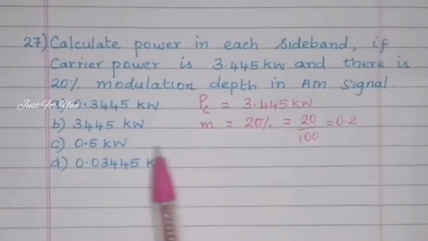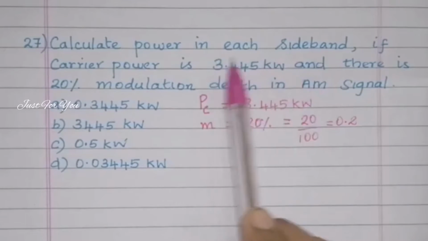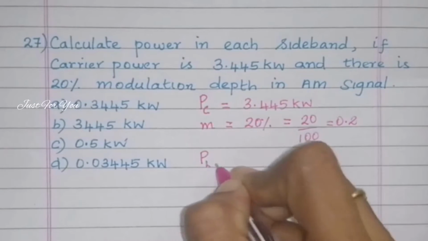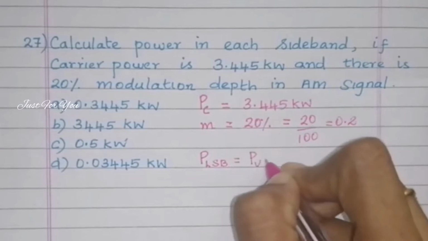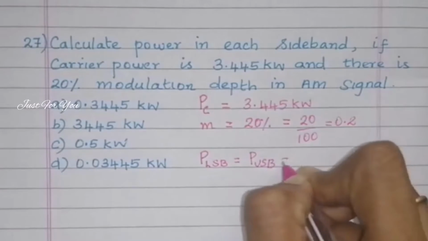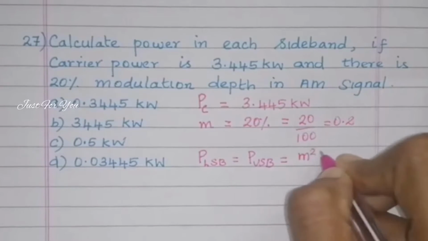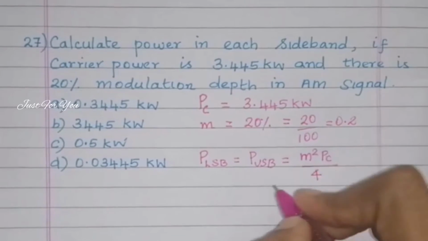Now what is our question? We have to calculate the power in each sideband. To calculate power in each sideband, the formula for power in LSB or power in USB is M square PC by 4. Now we have to substitute these values.